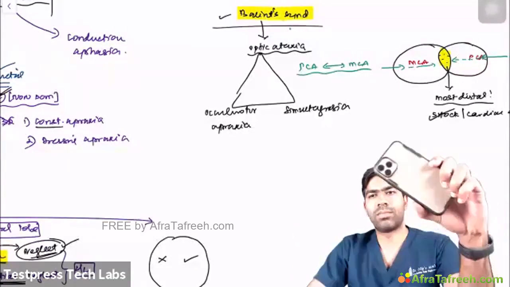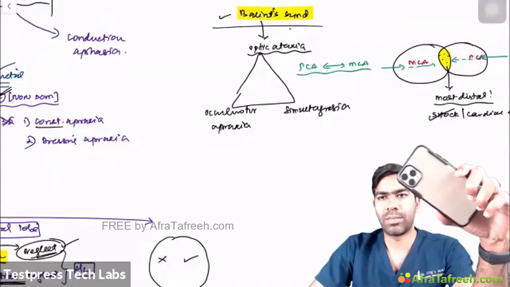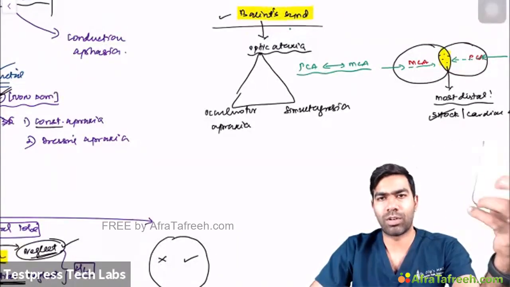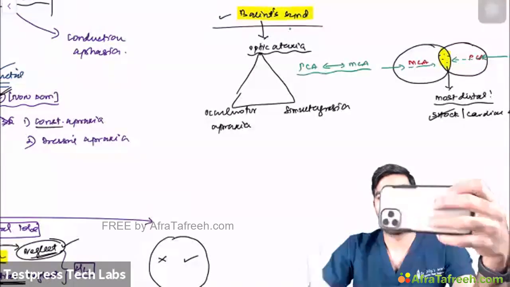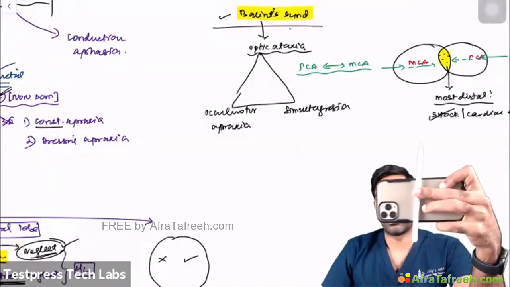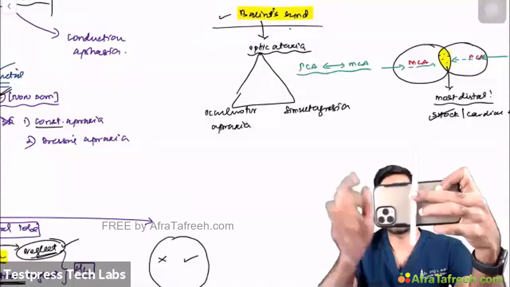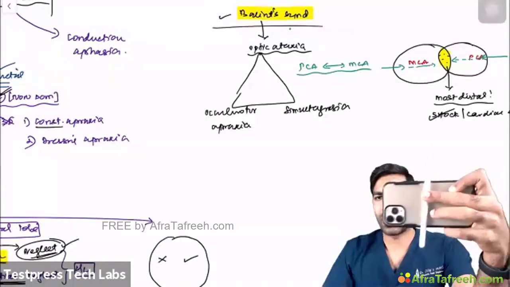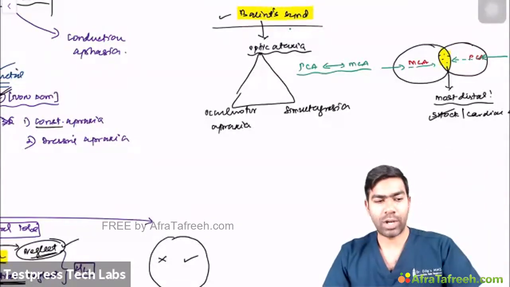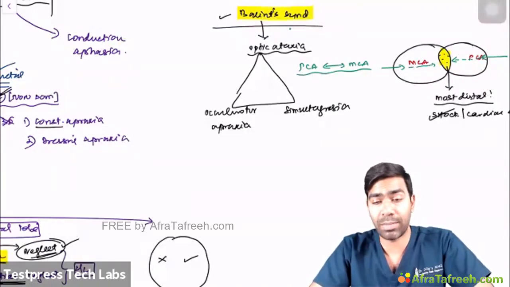If you ask them what is this, they'll easily be able to tell this is a cell phone, obviously. But if I show both these together, what is this and what is that, they will not be able to identify. So inability to identify simultaneously shown objects is what we refer to as simultagnosia.